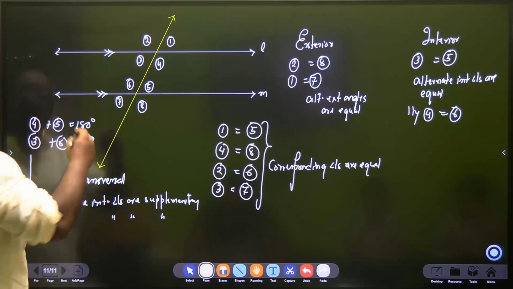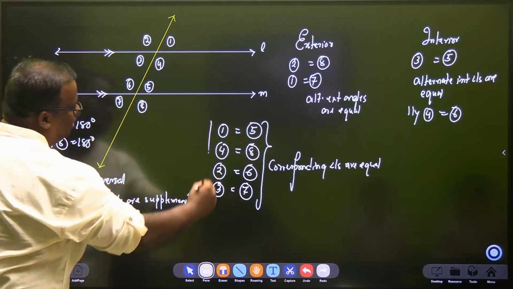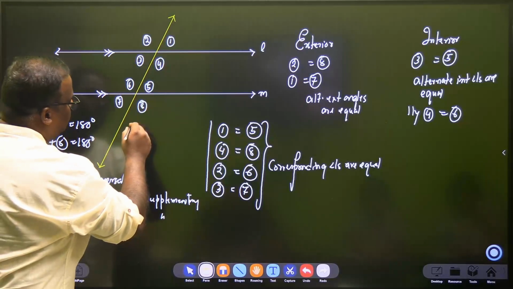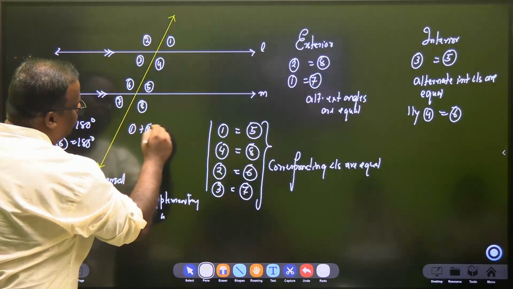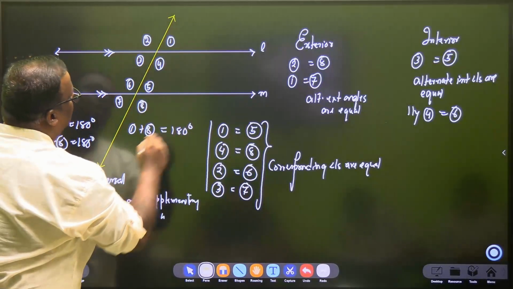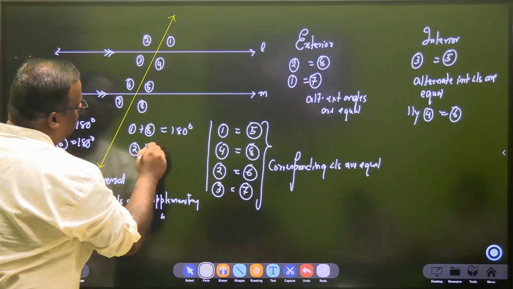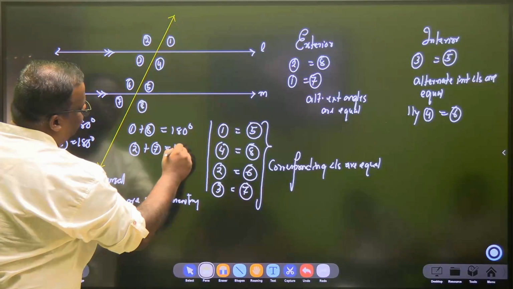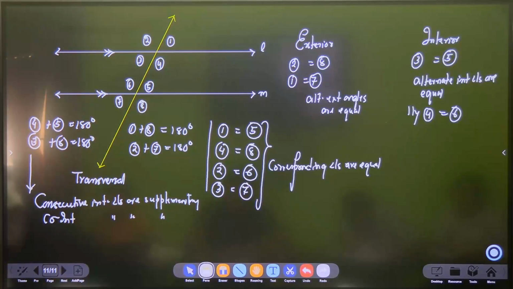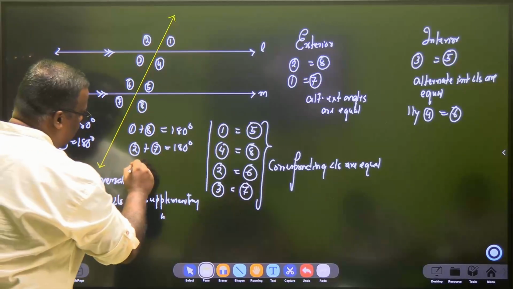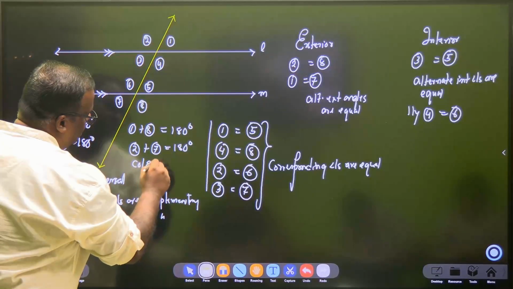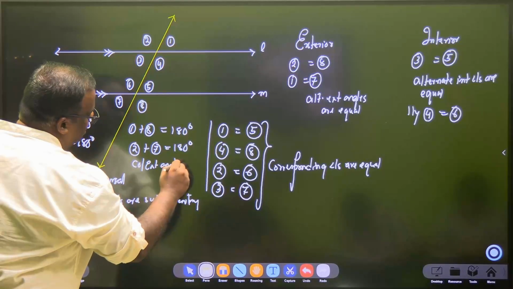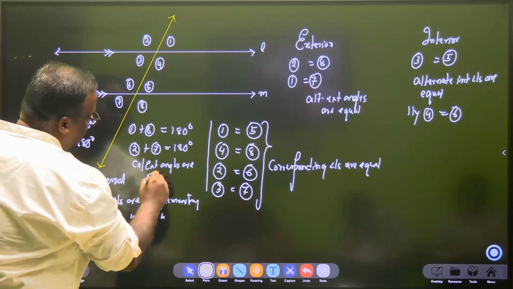So what do you write for them? We write 1 plus 8 should be equal to 180 degrees, and similarly 2 plus 7 should be equal to 180 degrees. And here we will write co-exterior angles are supplementary.